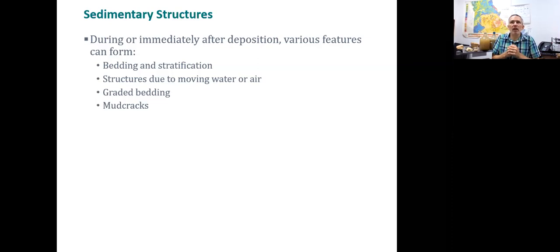But they can also tell us about these things called sedimentary structures. We know that sedimentary rocks are going to fill in any low-lying regions. So if we end up with new sediments being deposited, they're going to be deposited as horizontal layers that we call beds or strata. And so the bedding or stratification can tell us a little bit about the environment in which these materials were placed.